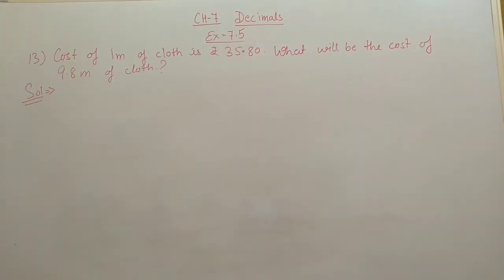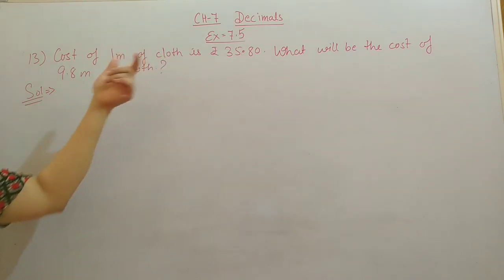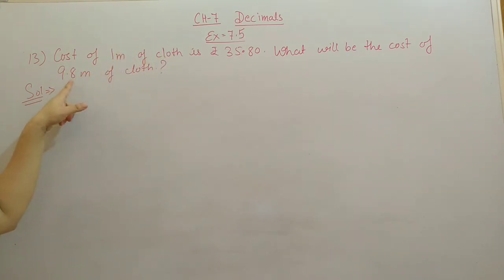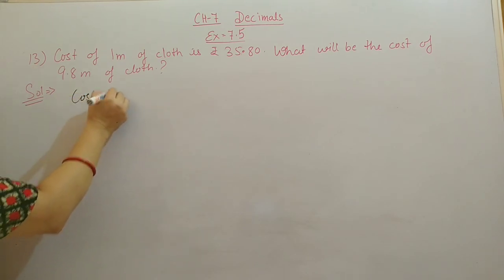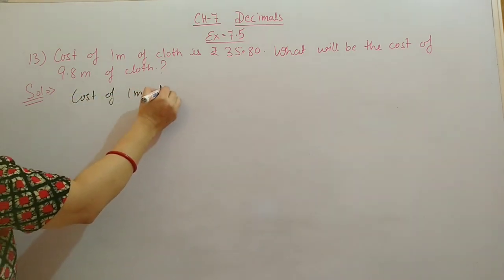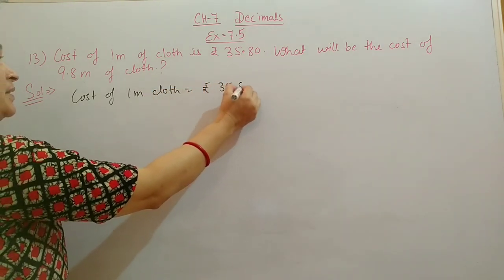Next, question number 13. Cost of 1 meter of cloth is 35 rupees 80 paise. What will be the cost of 9.8 meter cloth? Here we have to multiply. The cost of 1 meter of cloth is given, then we have to find out for 9.8 meter. So cost of 1 meter cloth is 35 rupees 80 paise.